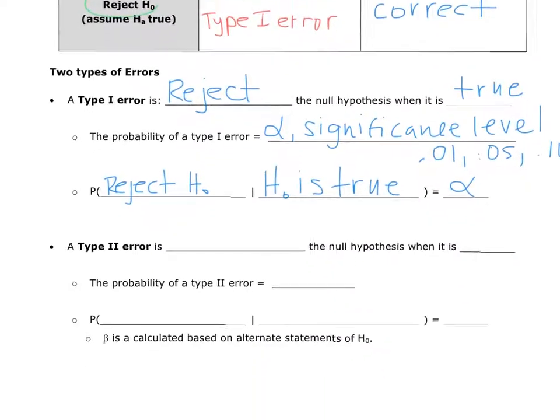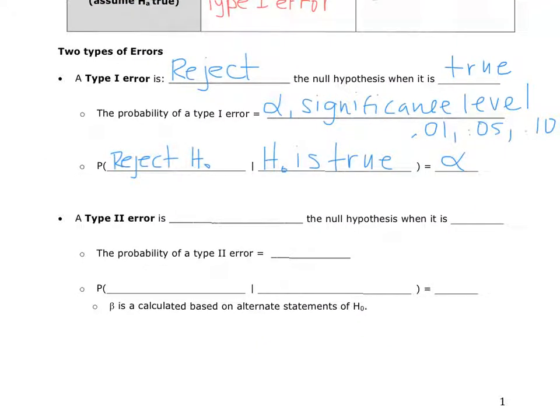Type 2 error is not rejecting the null hypothesis when it is false. And the probability of a type 2 error we refer to as beta. We're not going to calculate that value.